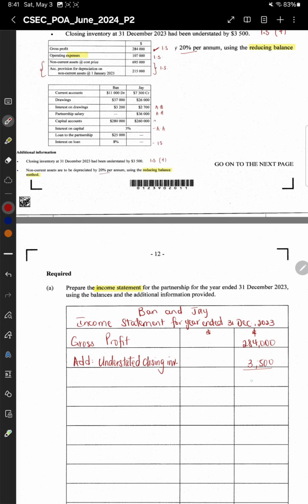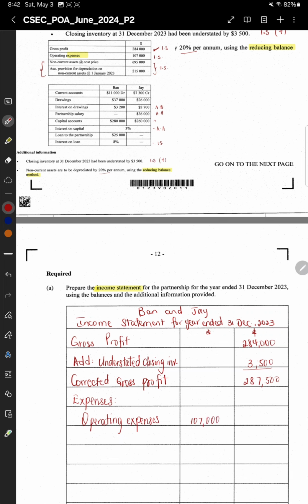This will give us 287,500. So this is the corrected gross profit. So now we have to put in our expenses. We have expenses, and the first one there is operating expenses, this is 107,000.